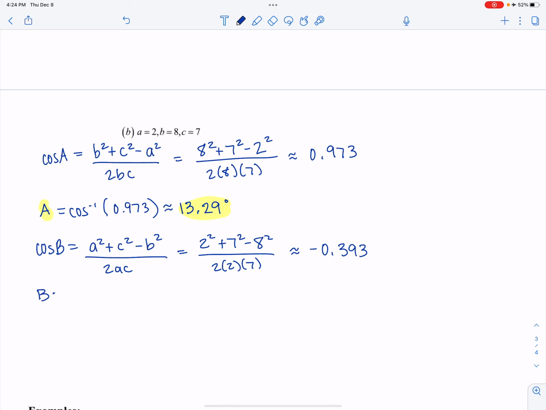Getting B alone is cosine inverse of this value, which is approximately 113.13 degrees.